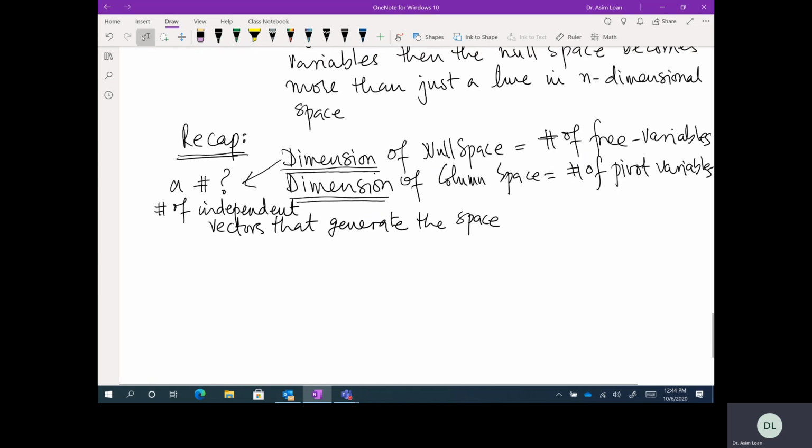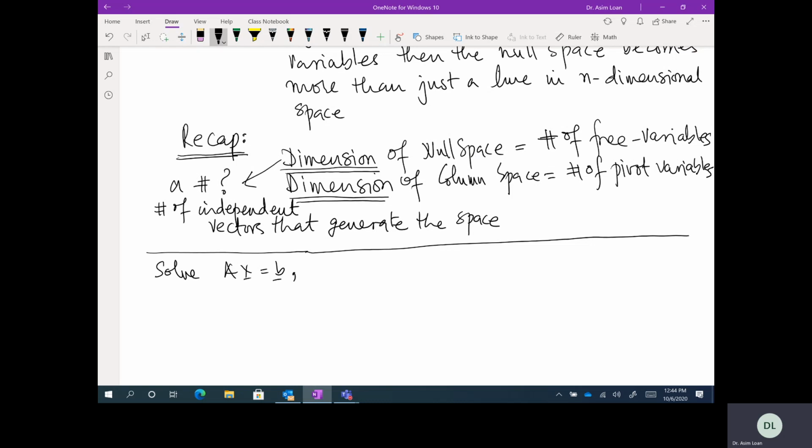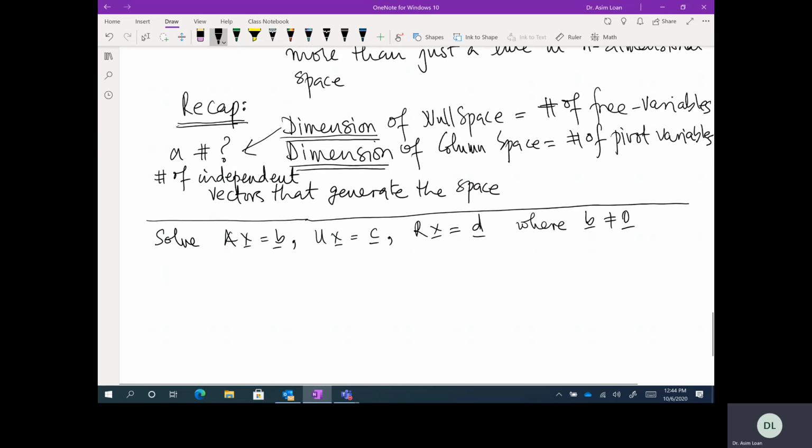Okay, so let's do an example. We want to solve what happens when b is not equal to 0. So this is all when b is equal to 0. So we want to solve Ax equals b, or Ux equals c, or Rx equals b, where b is not equal to 0.